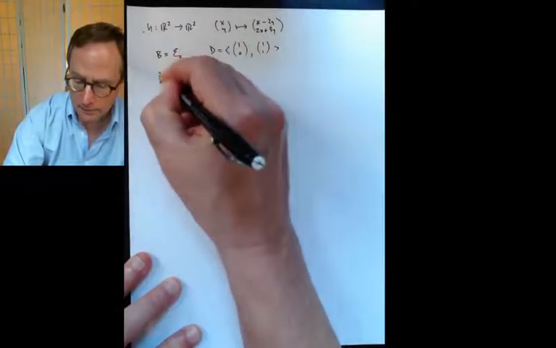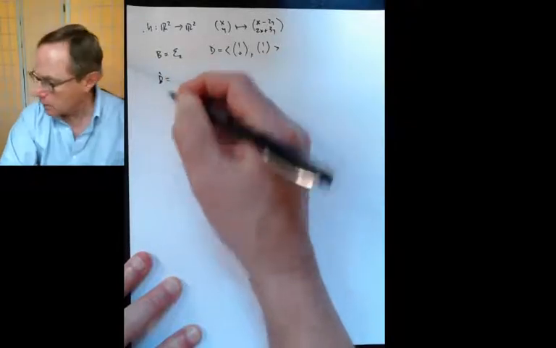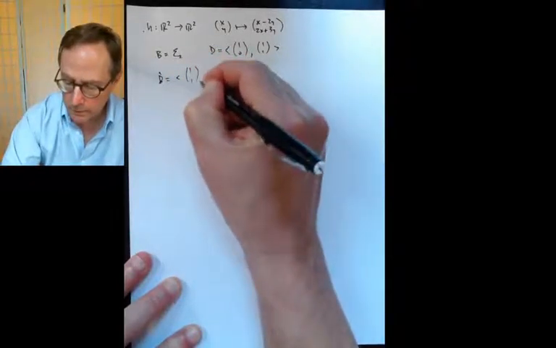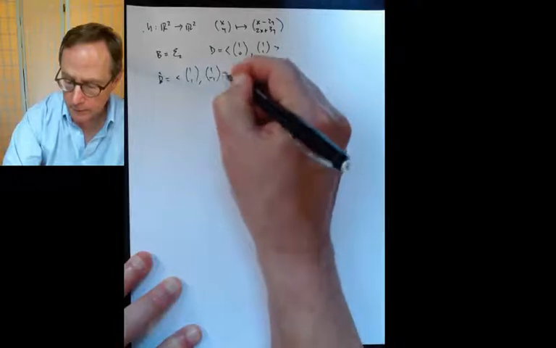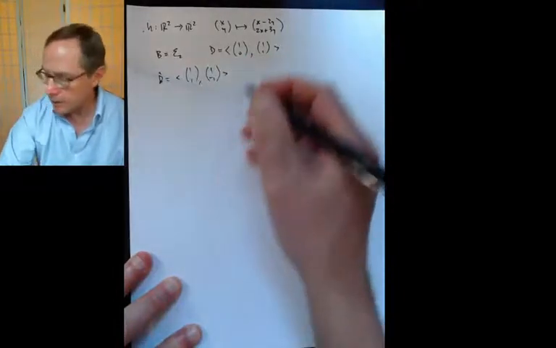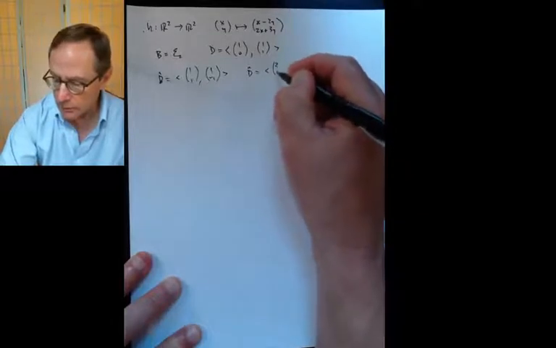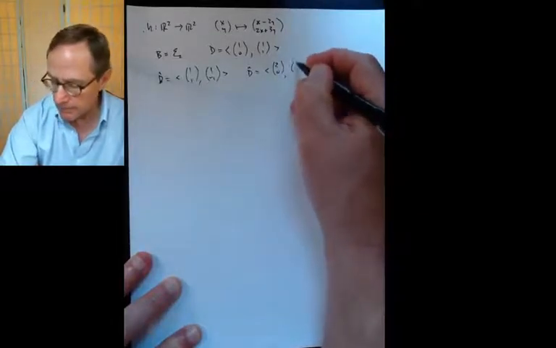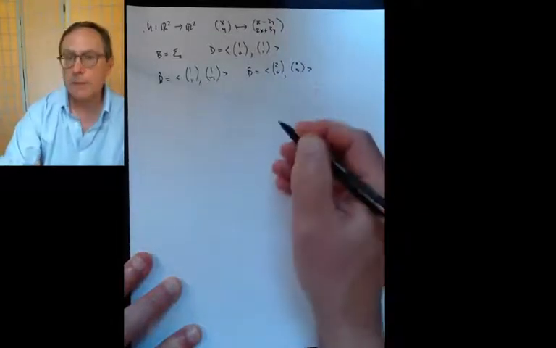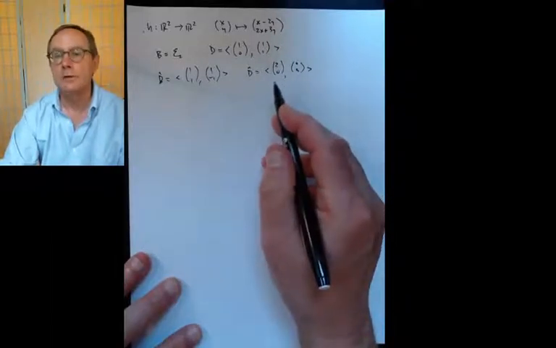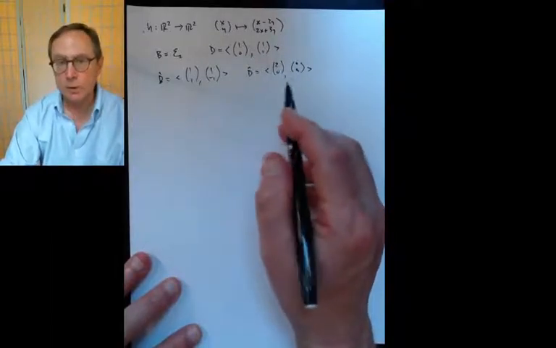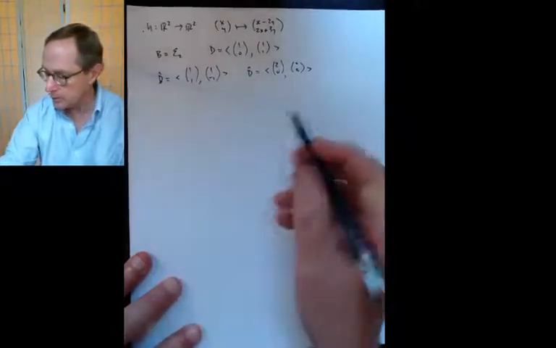B hat is (1, 1), (1, minus 1) that we've used so often, and D hat is (2, 0), (0, 3). So I'm trying to pick ones that I'll be able to eyeball, but also ones that are not so easy that they fail to illustrate what I want to do.